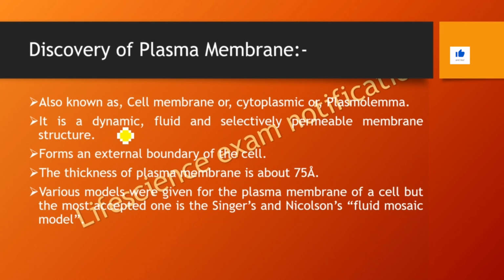Based on which he said that plasma membrane is made up of lipid, which is a thin layer of lipid. Overton observed that substances soluble in lipid could selectively pass through the membrane. On this basis, he stated that plasma membrane is composed of a thin layer of lipid.